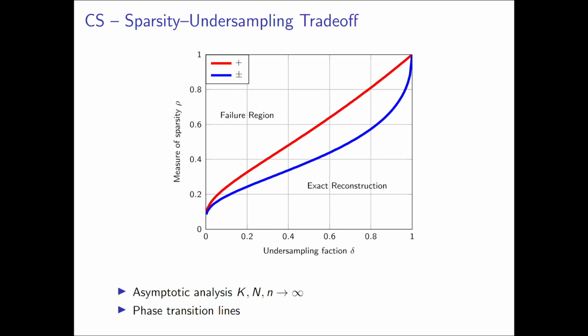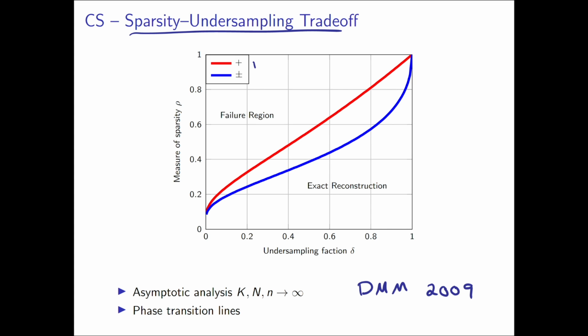The last notion we want to look at in this section is the sparsity undersampling trade-off. The figure shown on this slide comes from the same 2009 article by Donoho, Maleki, and Montanari that we pointed to earlier on. We focus on two types of problems.